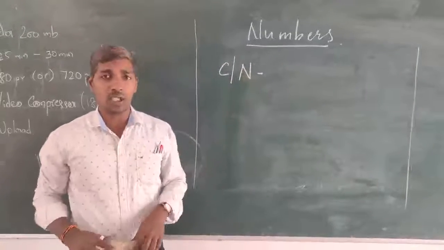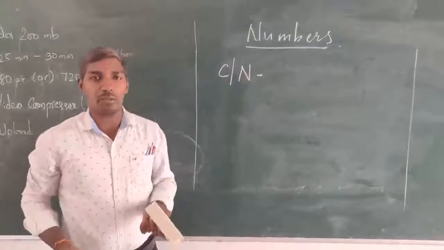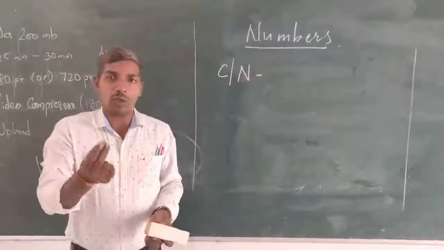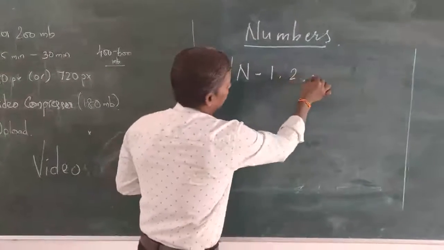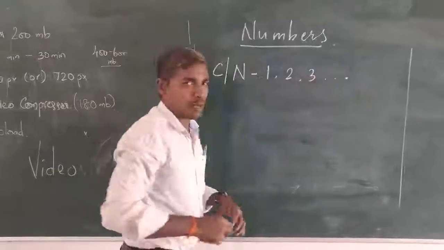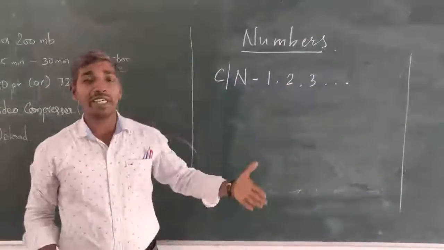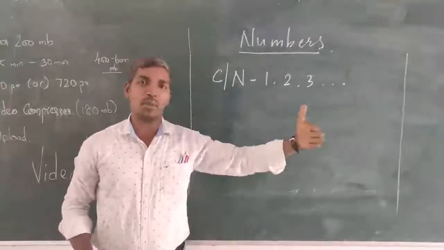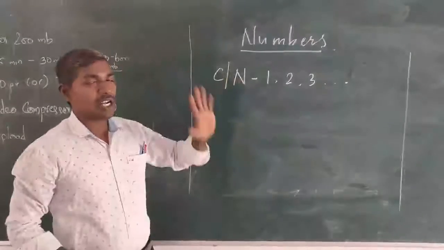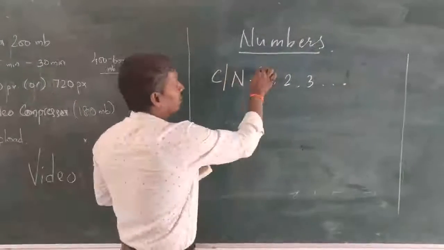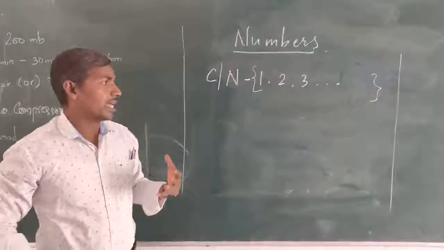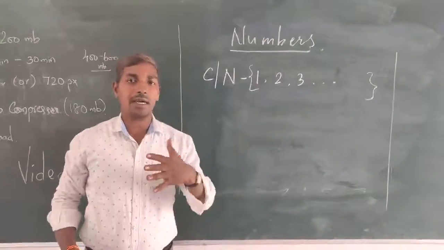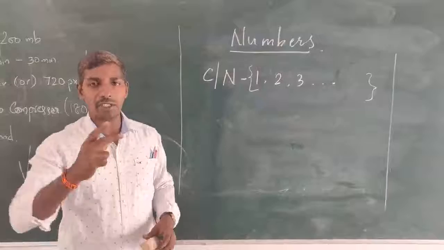So what numbers are called natural numbers? 1, 2, 3, etc. We can keep on counting 1000, lakh, crore, etc., million, billion, etc. Natural numbers start from 1 and there is no end. It's infinite, uncountable.